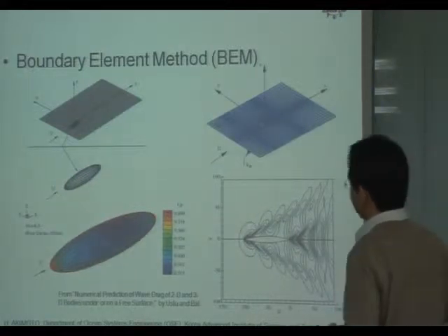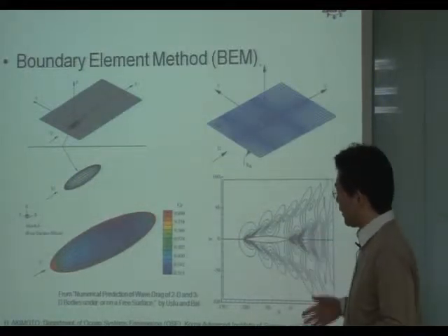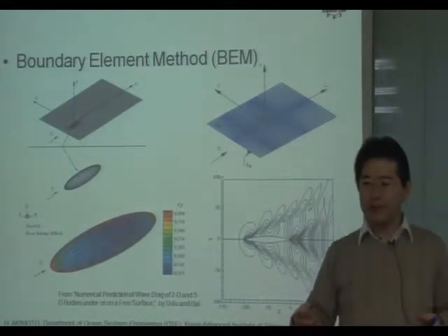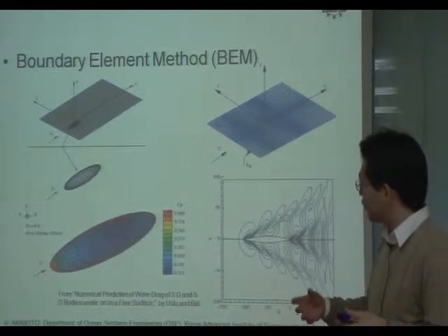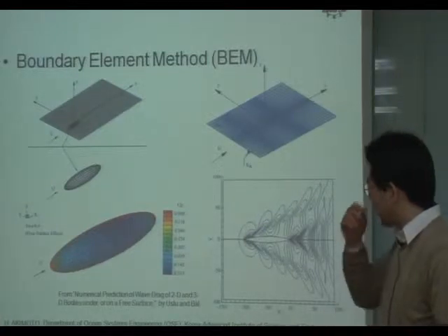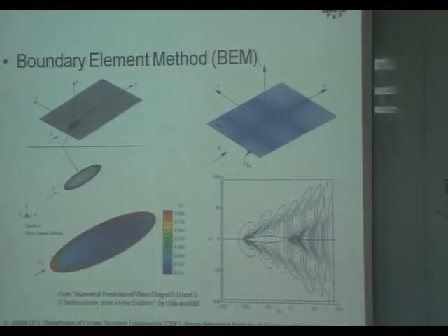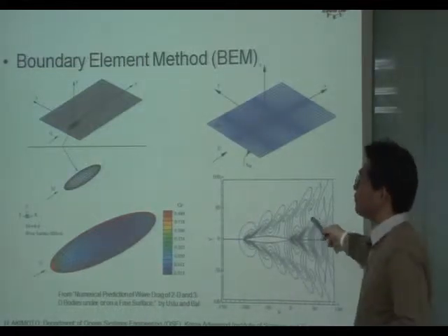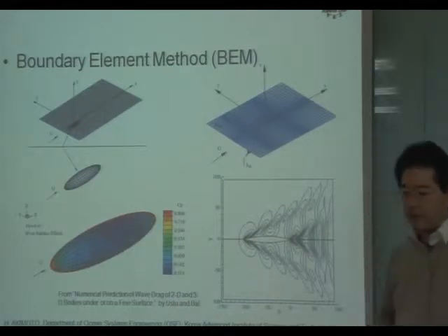So if the ship speed is moderate or slow, you can assume the wave amplitude caused by the ship is small. In this case, boundary element method gives a very good solution.